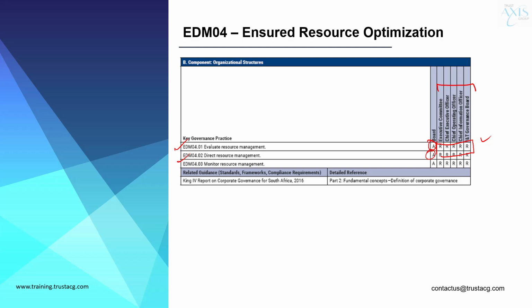And then there was this third practice which we discussed, which was around monitoring of the resource management. This was the final step in the governance cycle that ensures that resource management objectives are being achieved and any deviations are promptly addressed. Okay, so this will help you to track your KPIs for resource utilization, efficiency, and productivity.